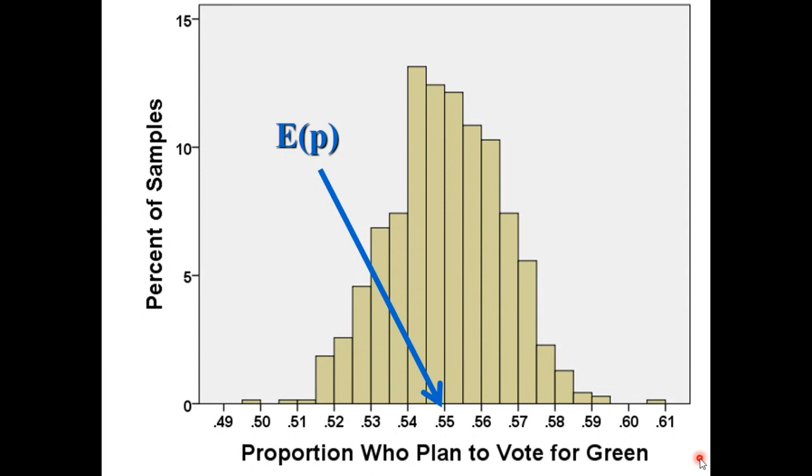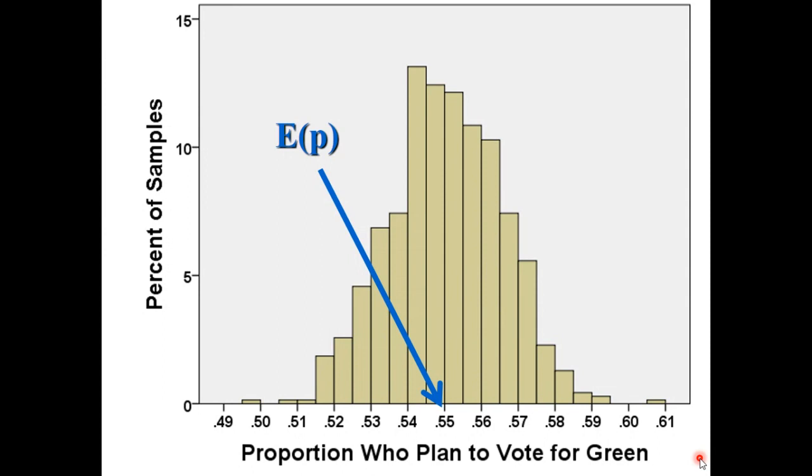Now, you may be wondering, why don't they just call it the mean instead of the expected value? Why do these statisticians make life so complicated? Well, here's why. Remember, we're now talking about three kinds of distributions: the sample distribution, the population distribution, and the sampling distribution.